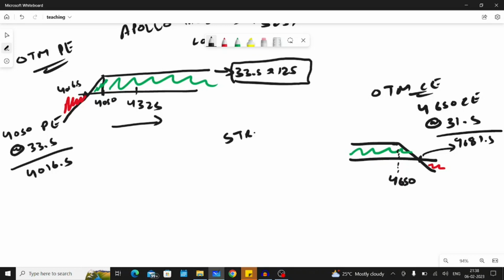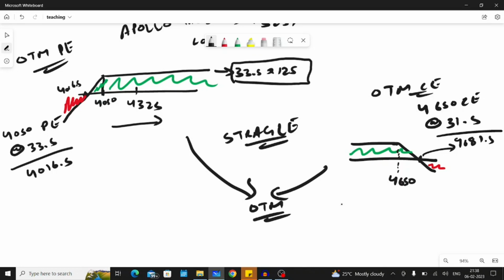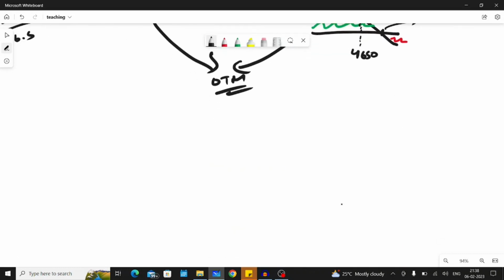So coming to strangles, a strangle is basically the combination of these two sets of out of the money options. What we do here is we sell one put option as well as we sell a call option.